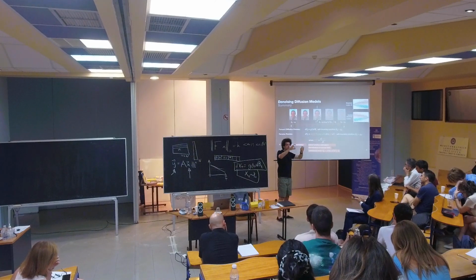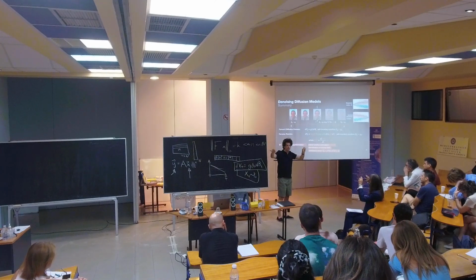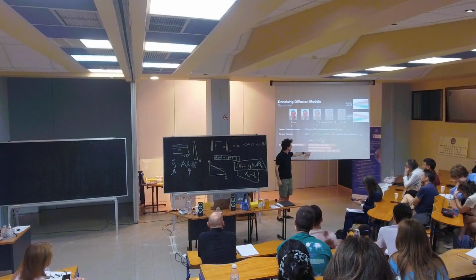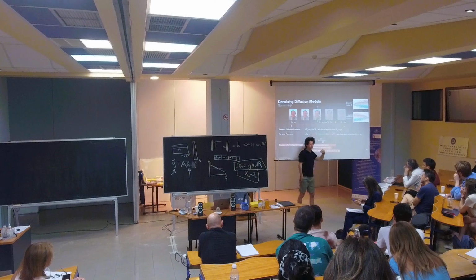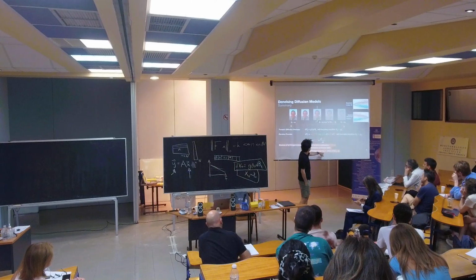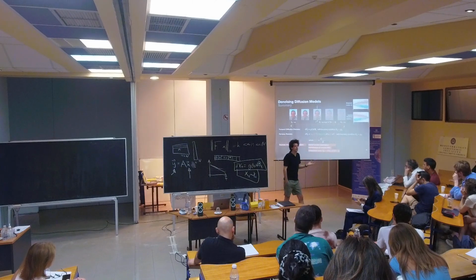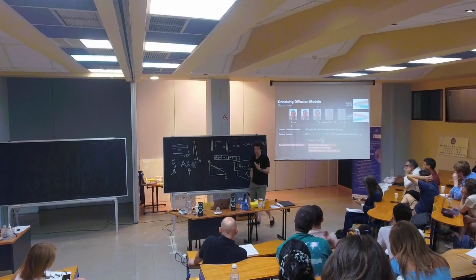You're going to run a discretized reverse SDE. And finally, you're not going to initialize at P_0, but you're going to initialize, sorry, X_T will be initialized from the Gaussian distribution as opposed to the real P_T distribution.